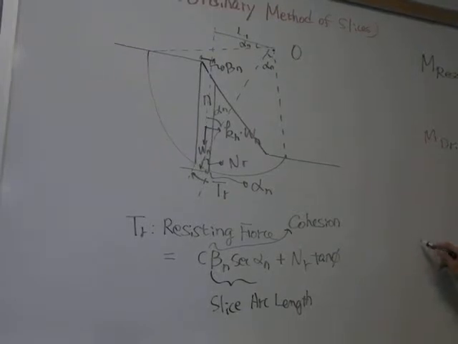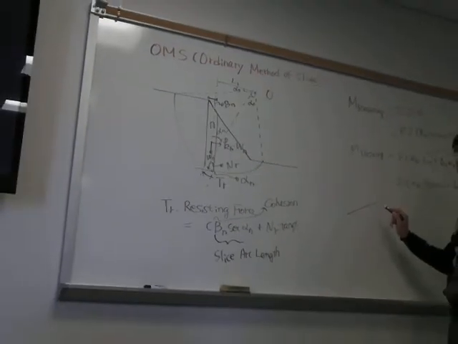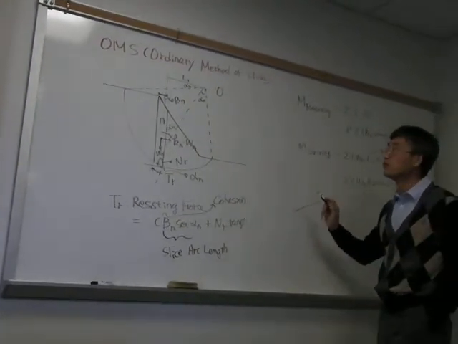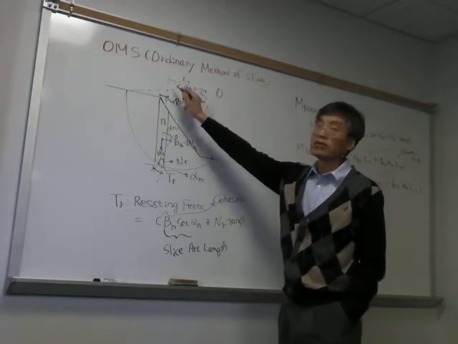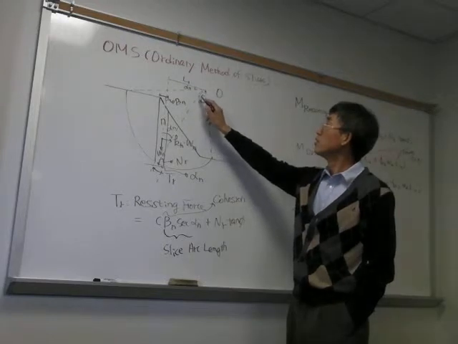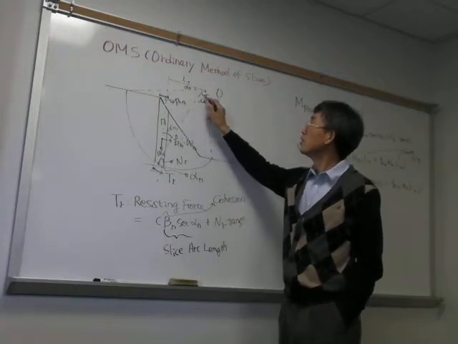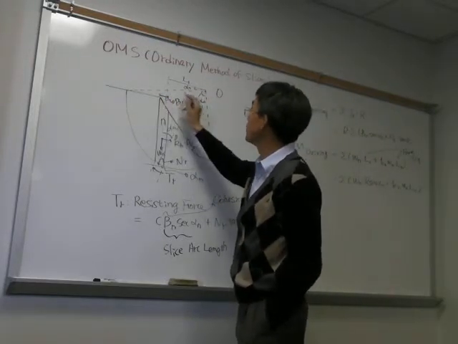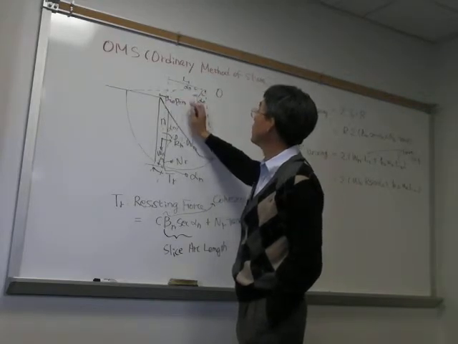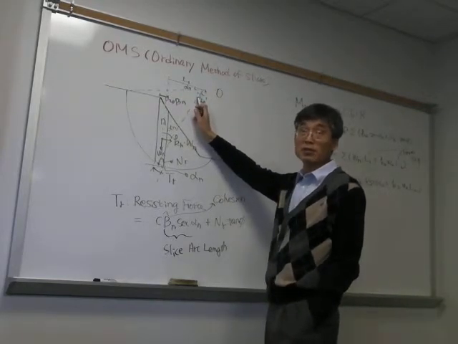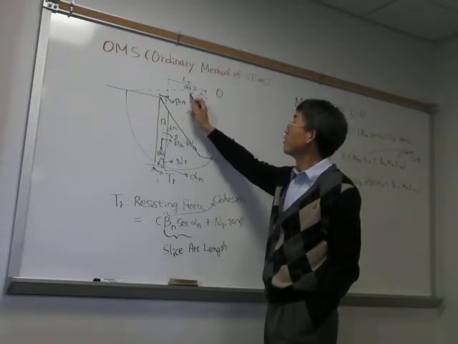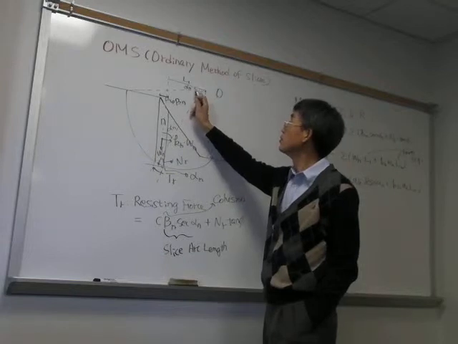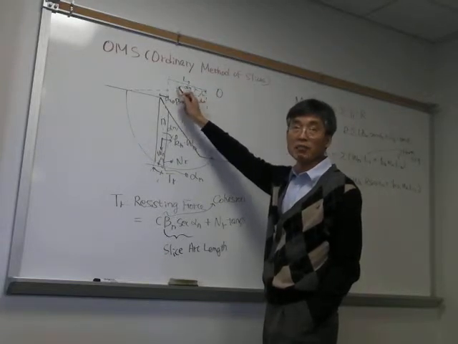What's the known length there? R. This one is R, but from here to there, we don't know it at this moment. If we know this one, we can find this length, but this length is not really needed. We need to know this one, because that is the arm length.